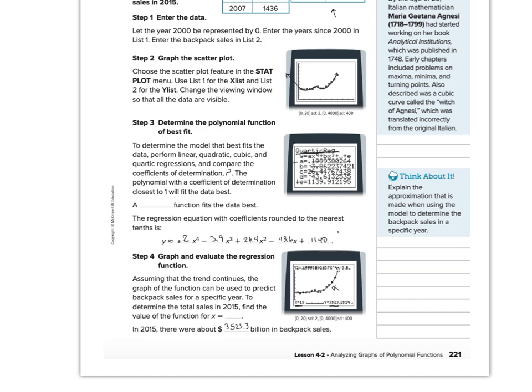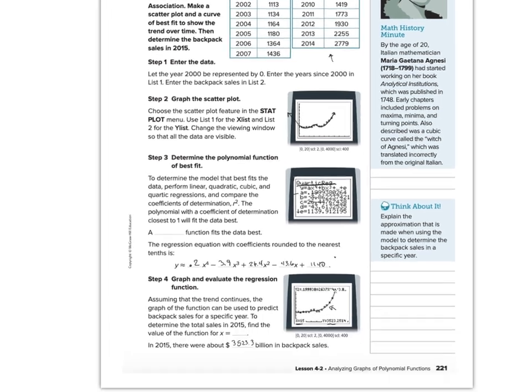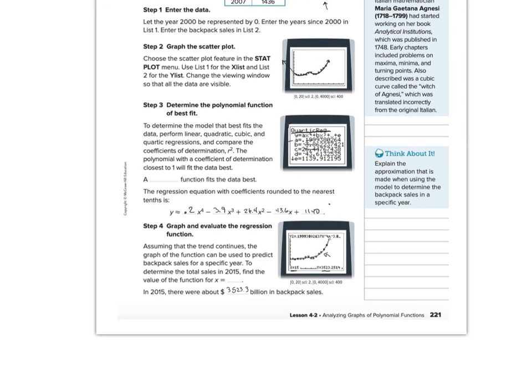Let me see here. My graph though was in millions. It was in millions. So it would be 3.5 billions. So there you go, being able to utilize that information in the graph.